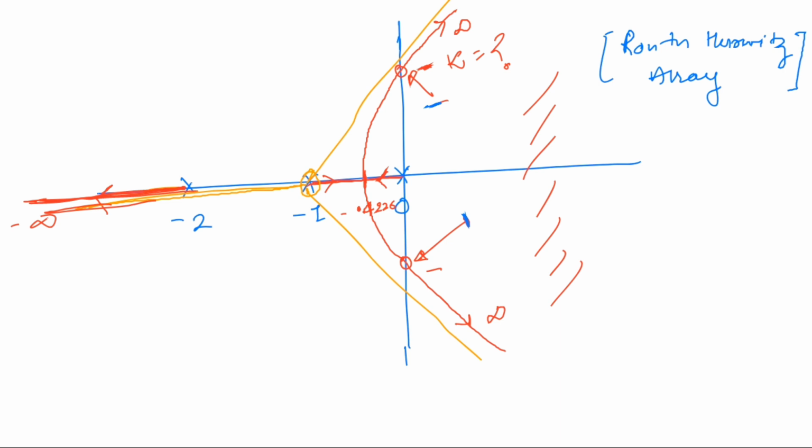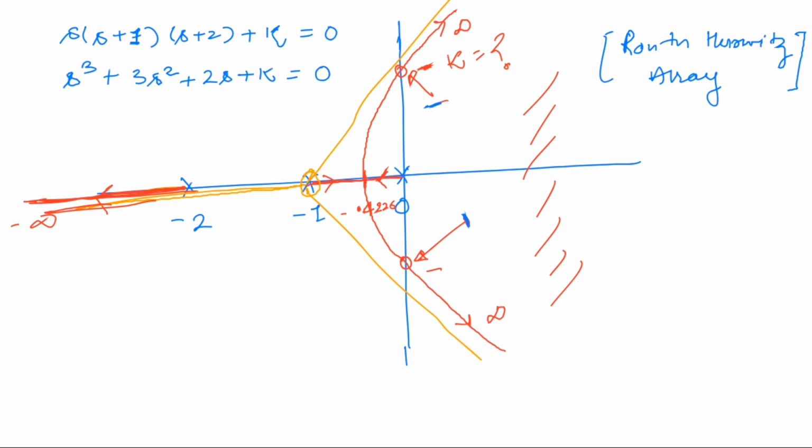The characteristic equation for the given transfer function will become s into (s plus 1) (s plus 2) plus k equals 0. This is the characteristic equation. Further simplification will give s cube plus 3s square plus 2s plus k equals 0. The Routh-Hurwitz array with respect to this equation will have rows s cube, s square, s1, s0.